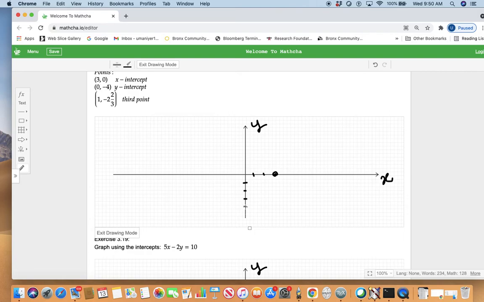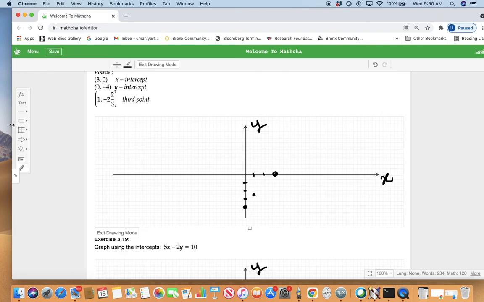So this is your y-intercept at 0, negative 4. The third point is x coordinate 1, y coordinate negative 2 2/3. So it's a bit closer to 3.